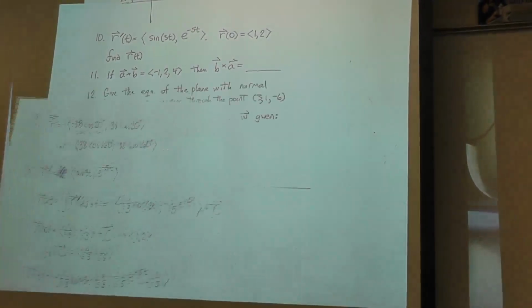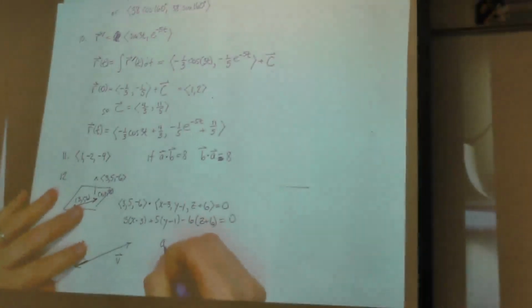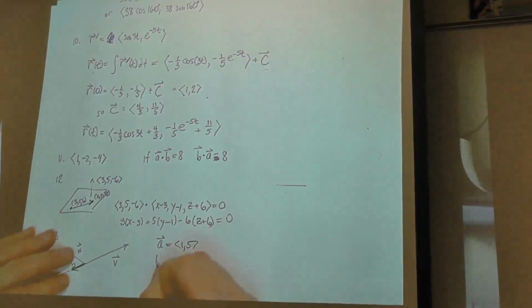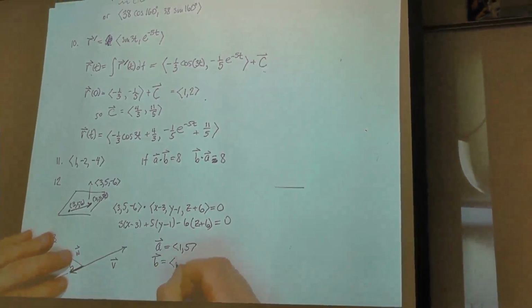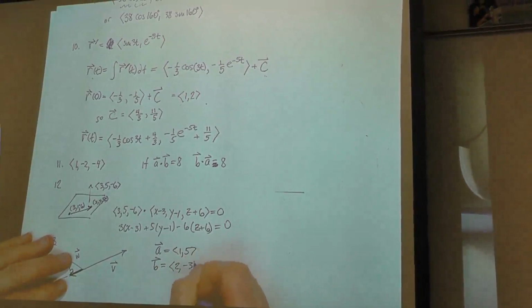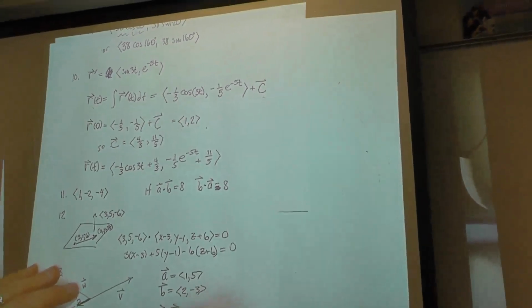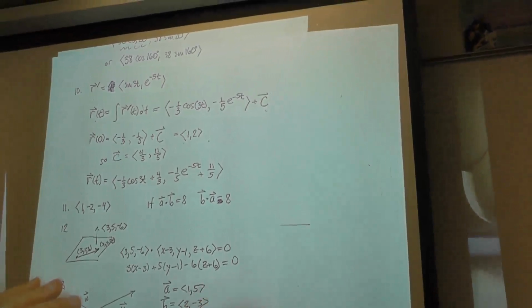Yeah. I mean, you can always check these. If you let A equal 1, 5, and you let B equal 2, -3, say, A dotted with B is 2 minus 15.